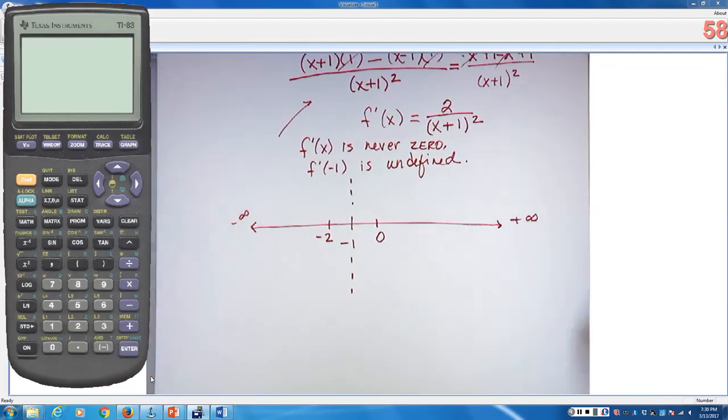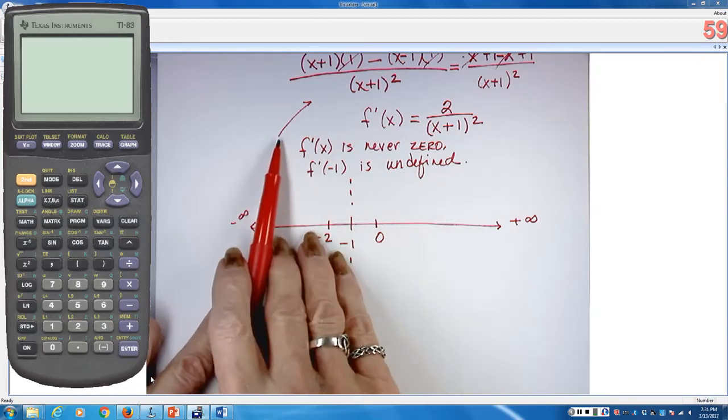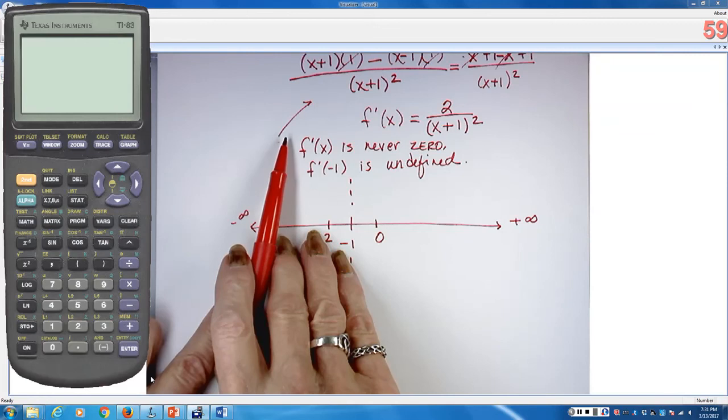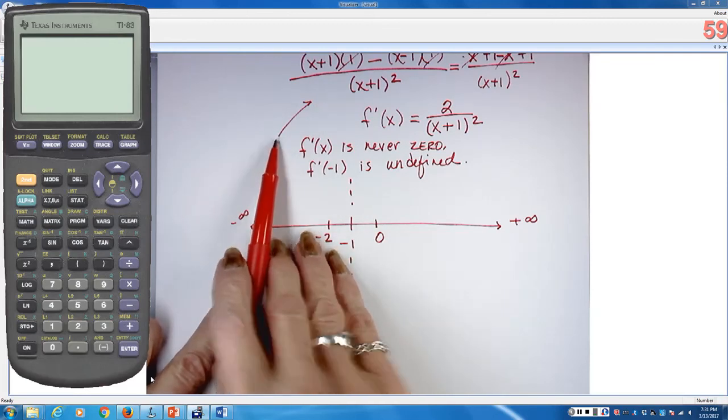So I picked out 2 test points, and we'll test them both into the function and see what happens. And my theory is it's going to be positive on both sides, which sounds kind of odd. But when you think about the function in a little while, you'll see why it's true.